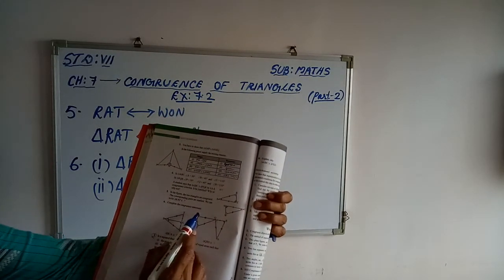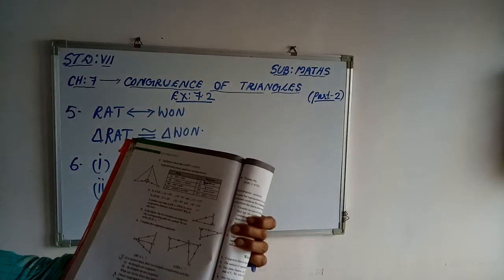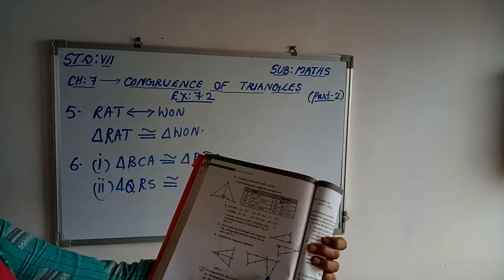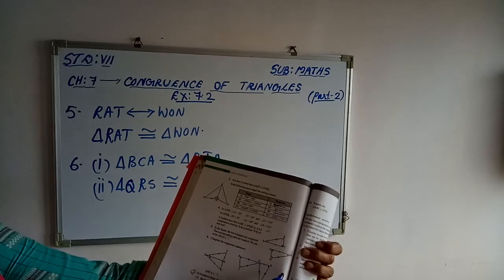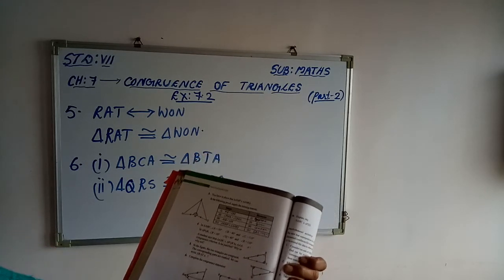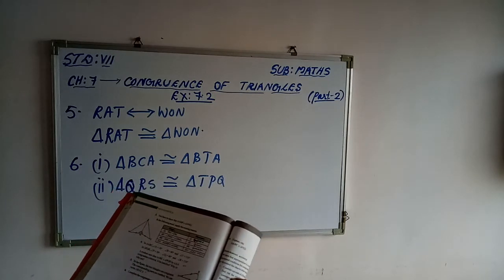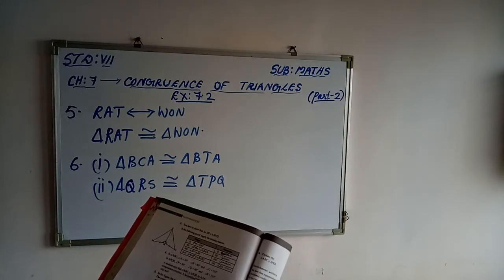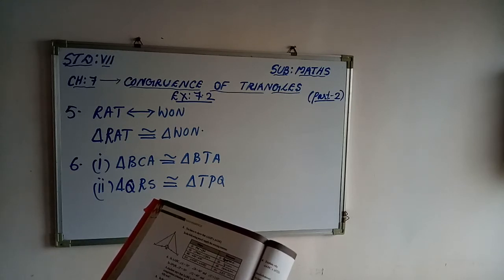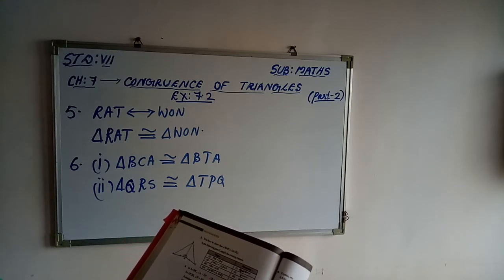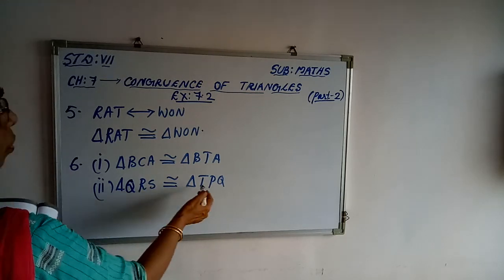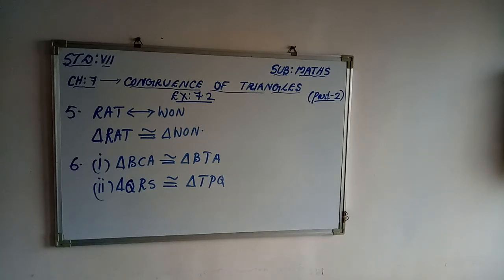Then the next one, RS is equal to PQ. And the next, which is marked there, QS is equal to TQ or QT. So here also three sides. So triangle QRS congruent to triangle TPQ.